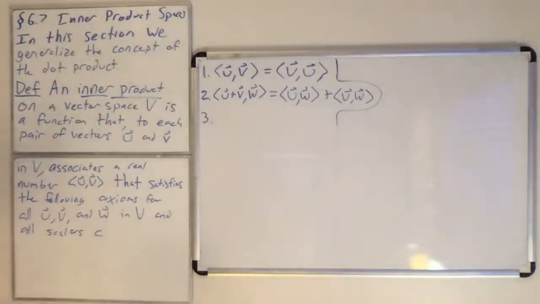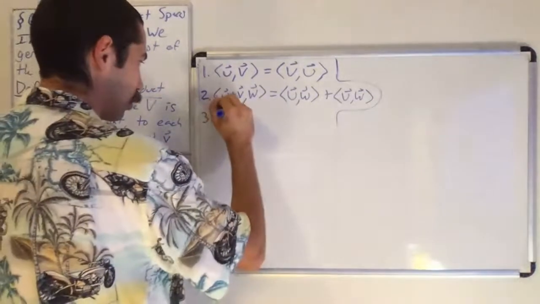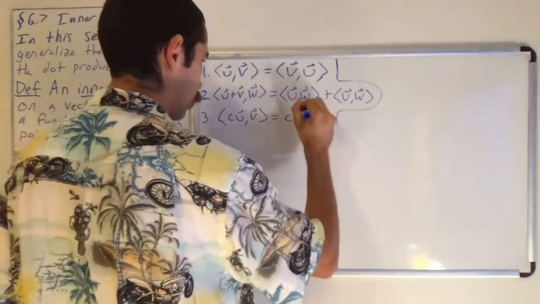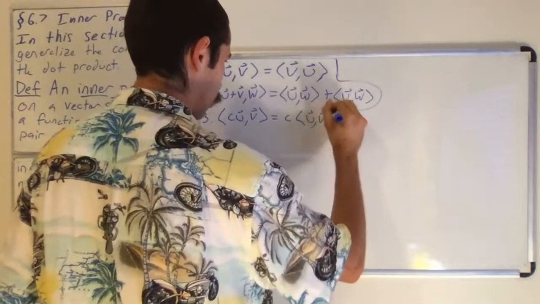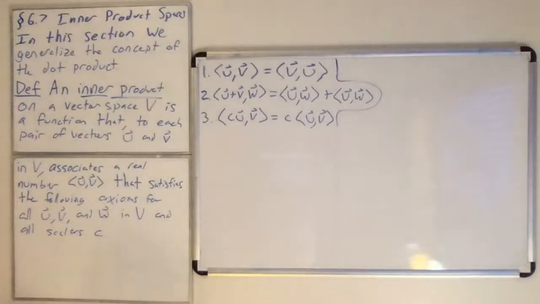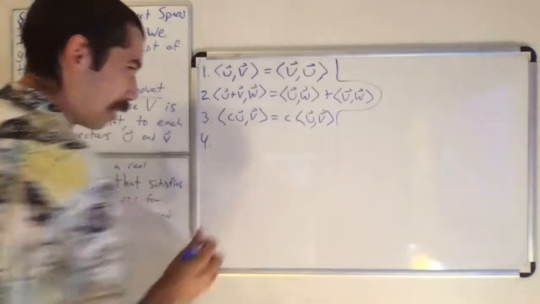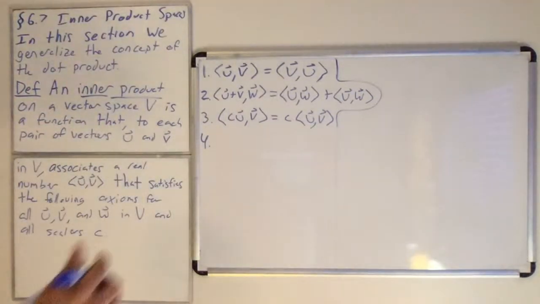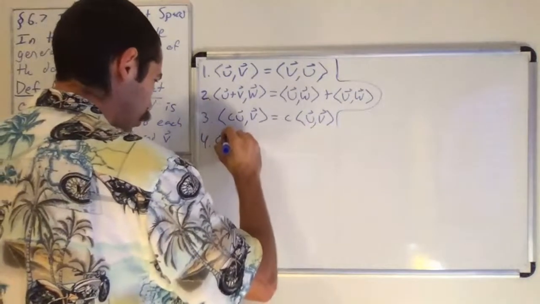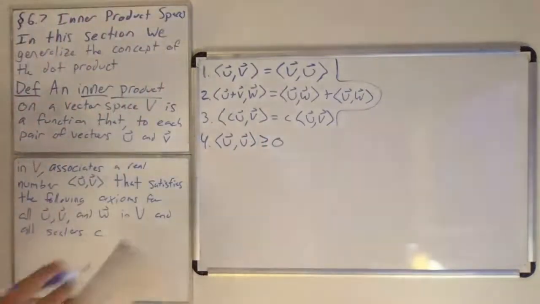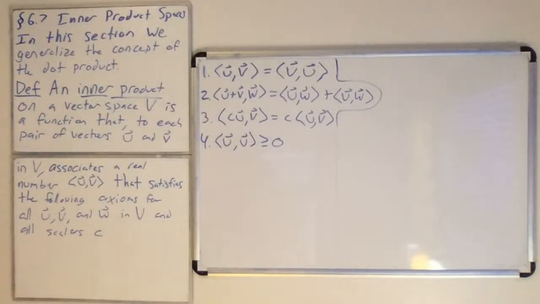Next, if you have a scalar times one of the vectors, you could pull out the scalar. And then last, which will probably be the hardest one to check, but we'll get good at it with practice, is if you take the inner product with yourself, it's greater than or equal to 0, and it's equal to 0 if and only if u is the 0 vector.